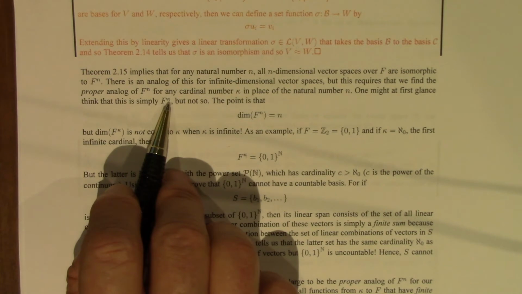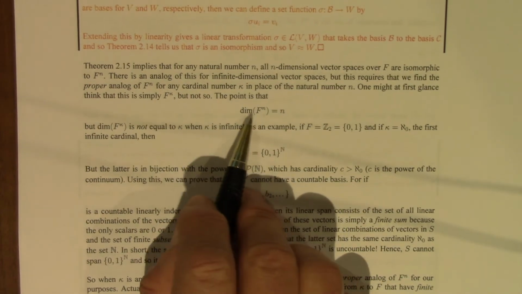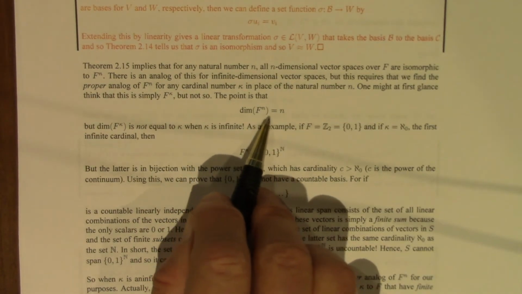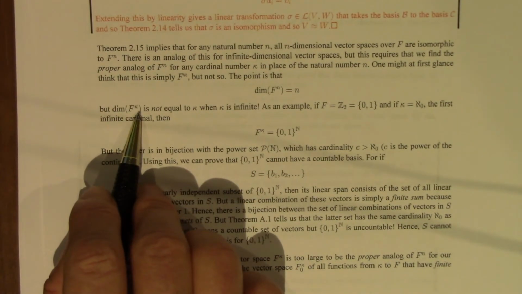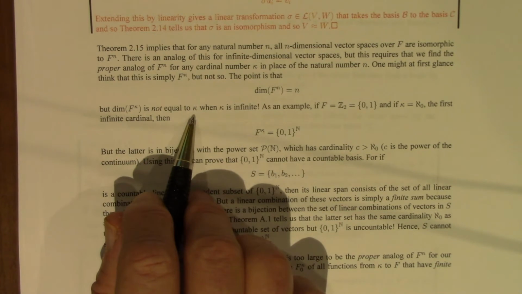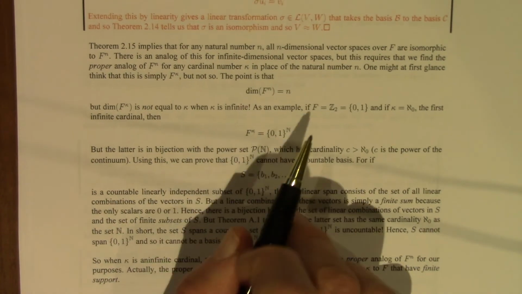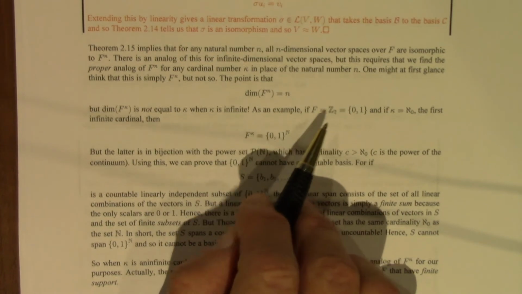But when kappa is infinite, there's a problem. This is actually too big. We know that the dimension of F^n is n, but the dimension of F^kappa is not equal to kappa when kappa is infinite. Here's an example.